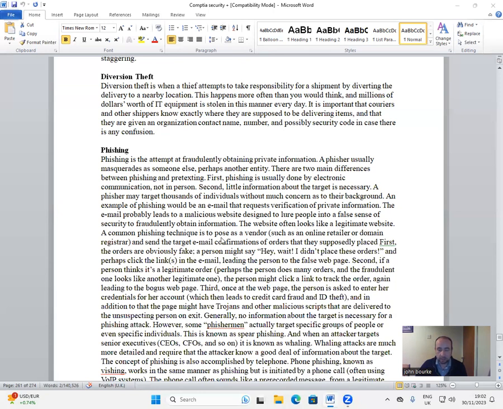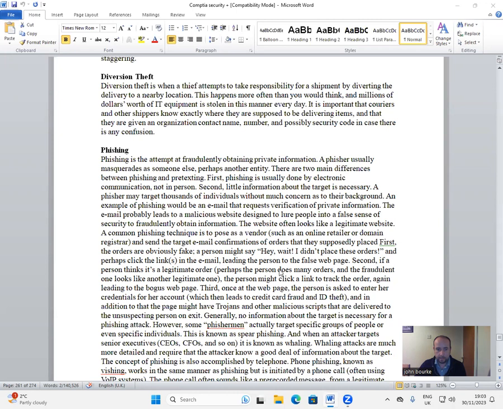A common phishing technique is to pose as a vendor, such as an online retailer or domain registrar, and send the target email confirmations of orders that they supposedly placed. First, the orders are obviously fake. A person might say, hey, wait, I didn't place these orders, and perhaps clicks the link in the email, leading the person to a false web page.